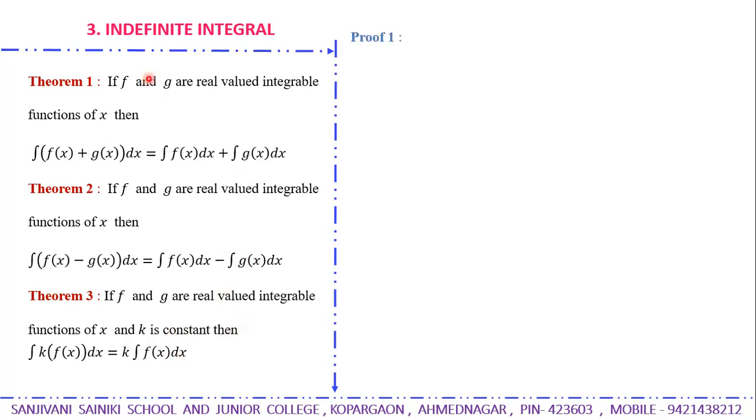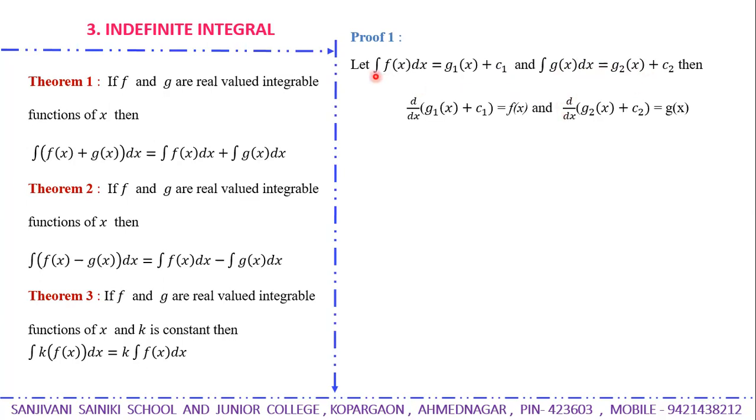Let us see the proof of the first theorem. Let the integration of f of x dx be g1 of x plus c1 and the integration of g of x dx be g2 of x plus c2. So if these are the integrals, what is the definition of the integral? The definition of the integral is that the derivative of this must be equal to f of x and the derivative of this must be equal to g of x.